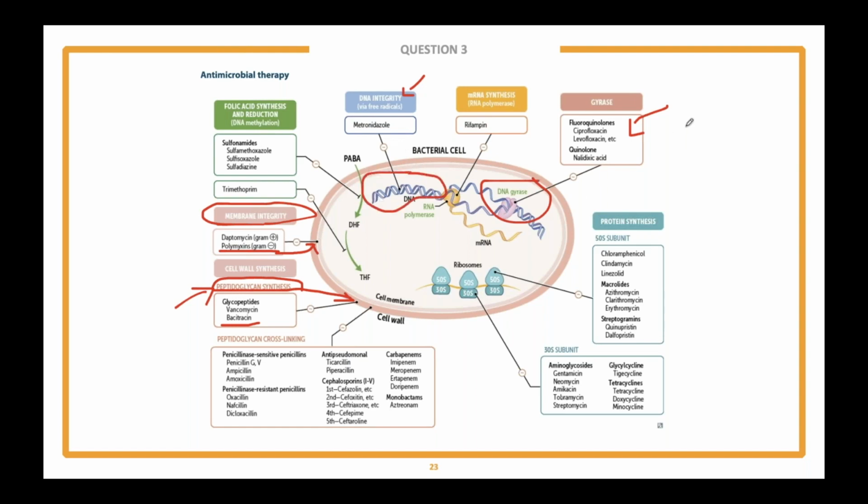Now metronidazole, if you remember, we use it to treat a particular type of bacterial infection. Do you remember what type of bacteria we would be targeting with metronidazole? This is a broad class, not just one particular bug.